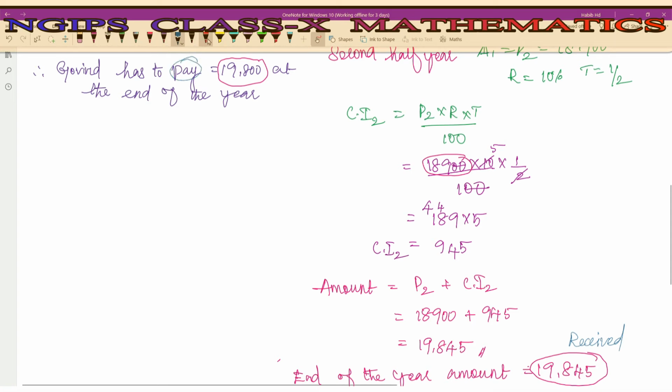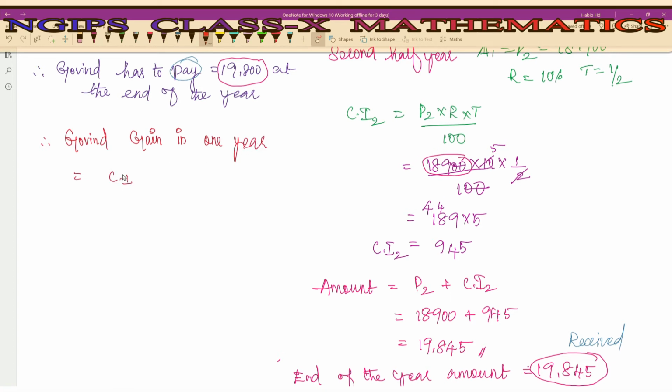Now if you want to find out the gaining amount, therefore Govind gained in 1 year is equal to the compound interest amount minus the simple interest amount.